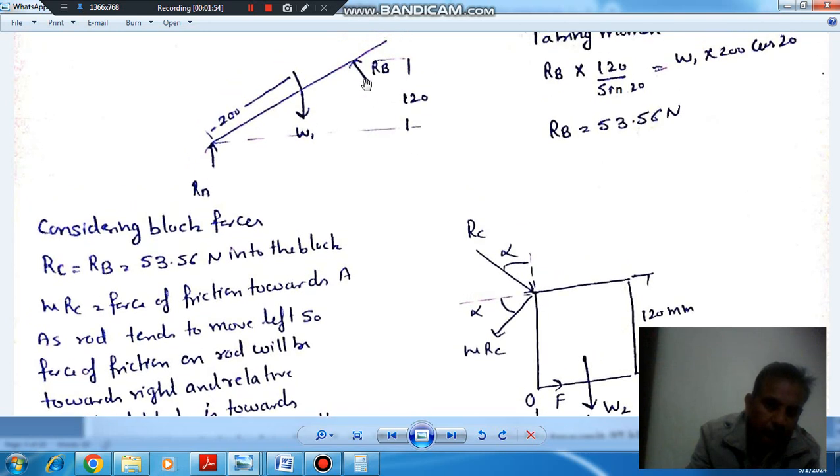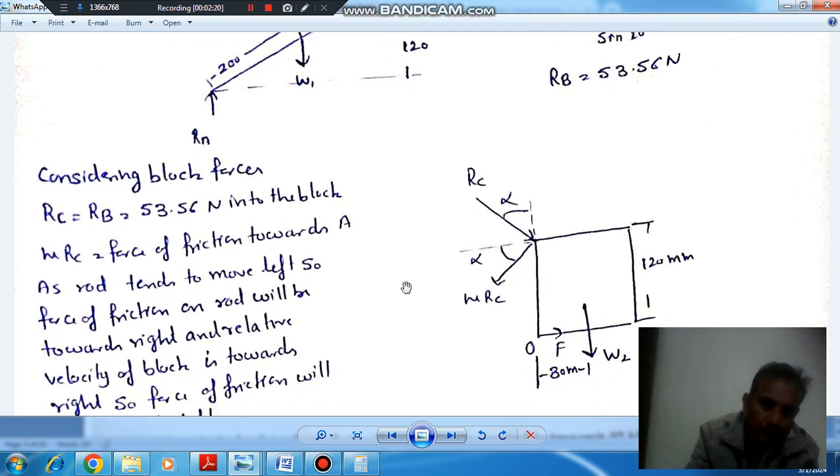As the rod tends to move in this direction, the force of friction on the rod will be in this direction, and the force of friction on the block will be in the opposite direction to that of the rod. As the relative velocity of block with respect to rod is in this direction, the force of friction will be in this direction along this rod. So mu RC is the force of friction. W2 is the weight, and F is the force of friction between this block and the supporting plane.